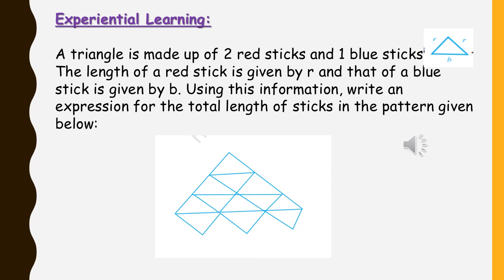So what you will be doing is writing R and B in that diagram. First you mark it, then by adding you try solving it. If you are facing any difficulty, we will discuss it in Teams class.